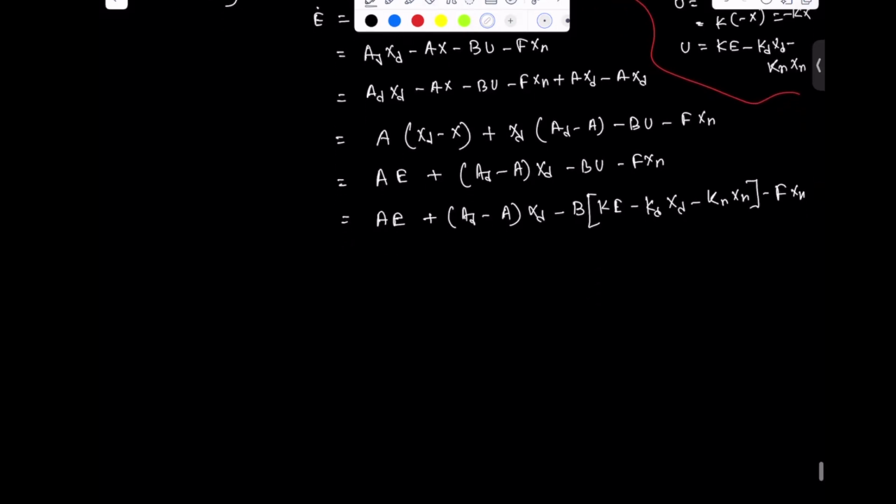And from this, we can write A plus AD minus A xt minus BKe plus BKd xt plus BKn xn minus f xn.